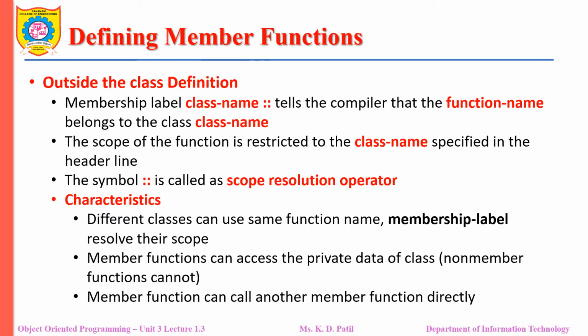So the membership label resolves the scope of the function. The second one is that member functions can access the private data of a class, and non-member functions cannot access the private data of a class, and member functions can call other member functions directly. Okay, the member functions can call the private member functions also directly.